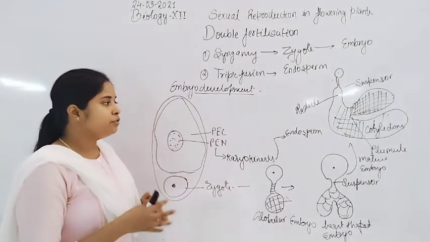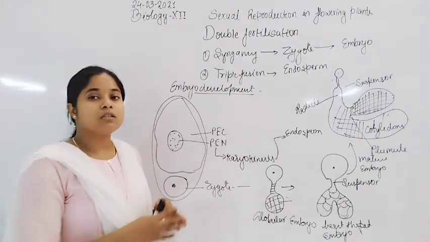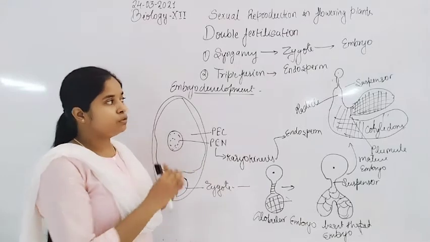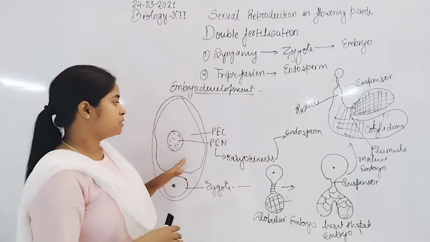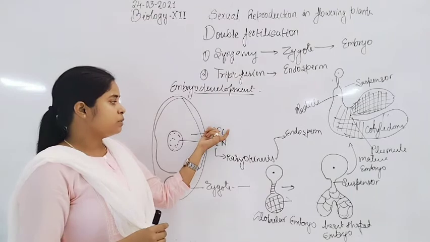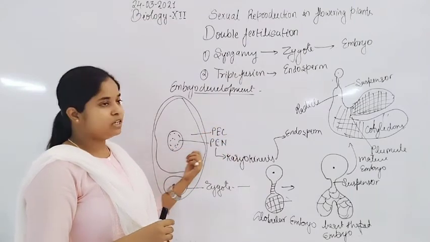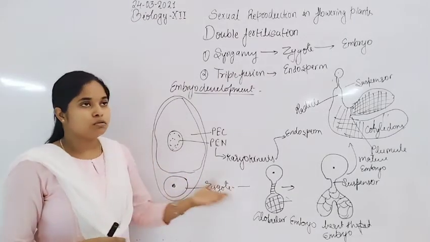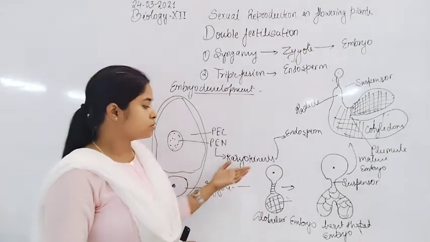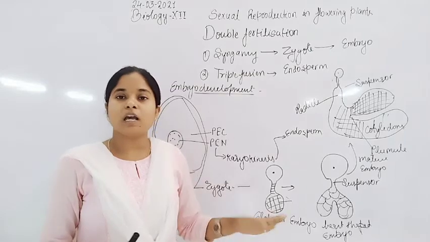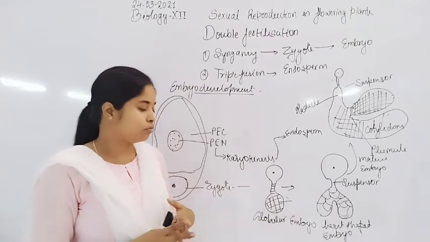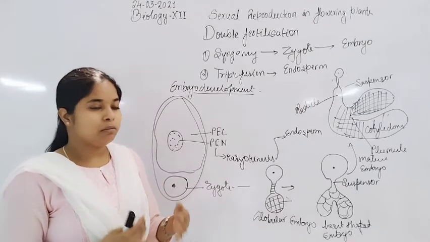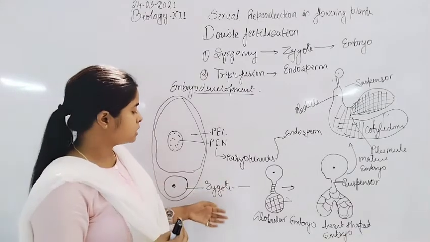Now, syngamy results in the zygote, and the result of triple fusion is the primary endosperm cell. The primary endosperm cell consists of the primary endosperm nucleus, and the zygote undergoes mitosis division, and from the zygote there will be formation of the embryo.